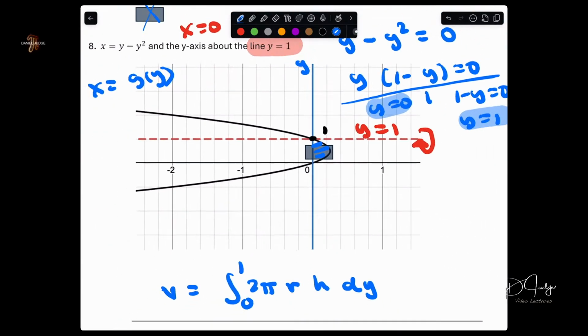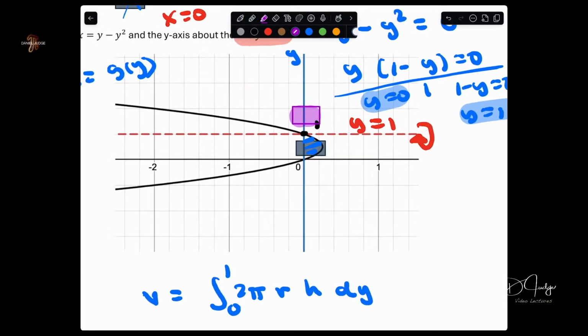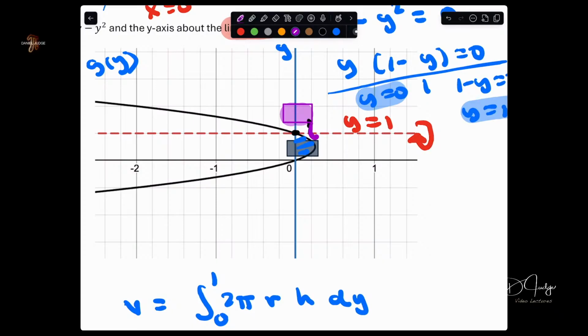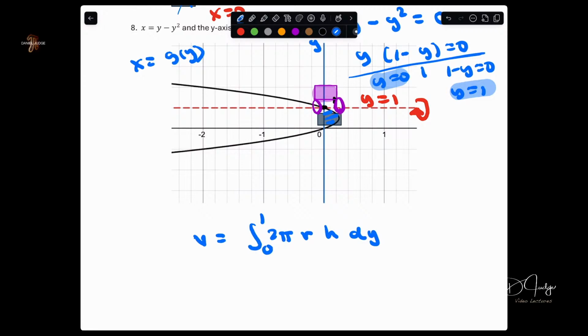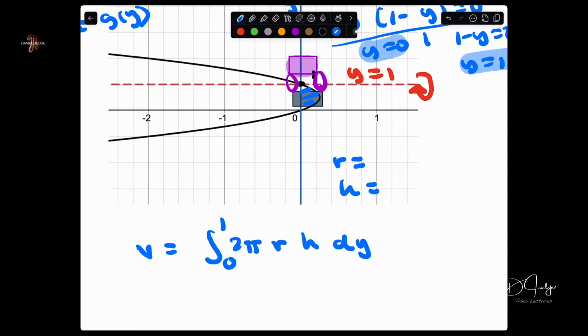And they want us to rotate this. And when we do, we'll get an approximating rectangle that's pretty close there because you're rotating on one of the limits. So, cylindrical shells, by the way. We just need a radius value and a height value now. I think the height is easiest because it's going to be just the curve, y minus y squared.